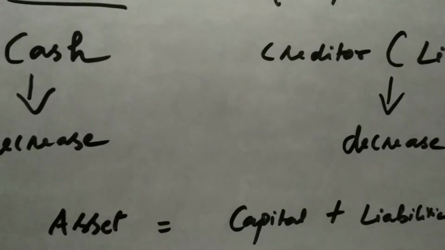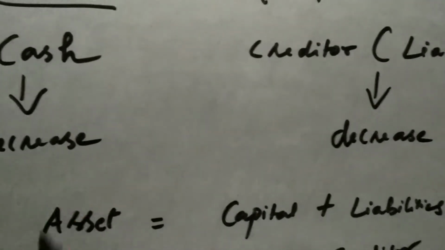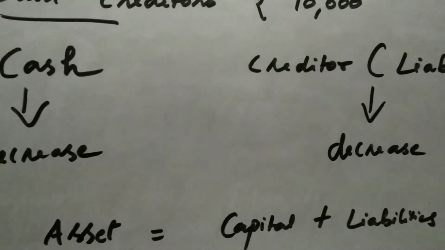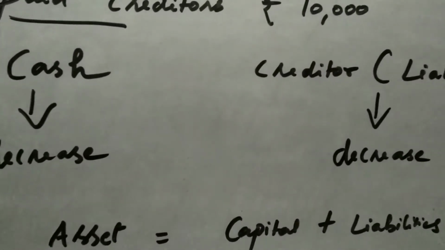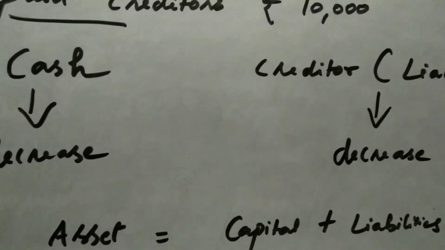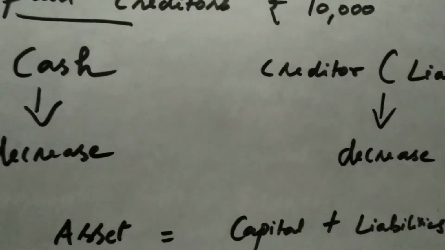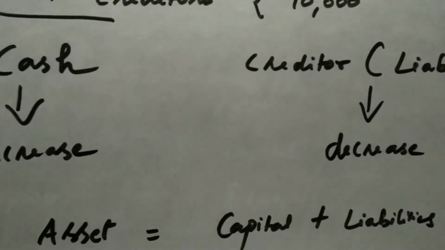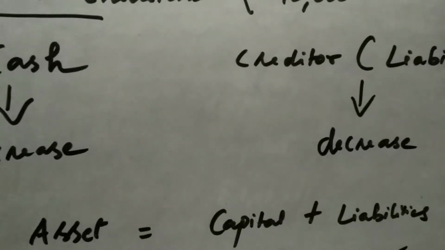Then our creditor. So what is the amount? 10,000 gets reduced from our cash, minus. Here also there is a decrease of 10,000.